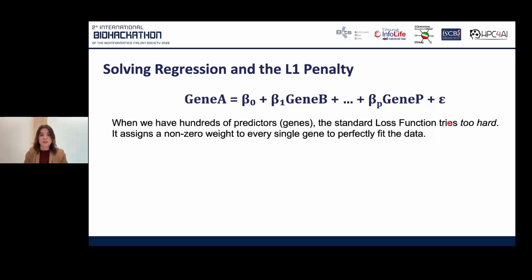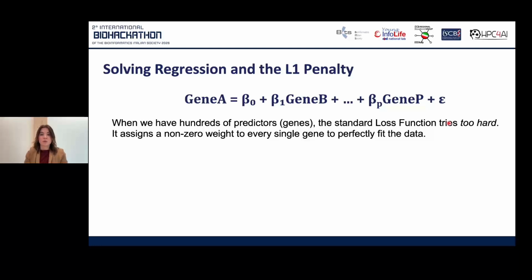So in practice, that means that gene A could potentially be predicted by every other gene in the dataset, and we want to explore this and to understand which are the genes and how much they influence our gene A. So this means we have hundreds of candidates for gene A.